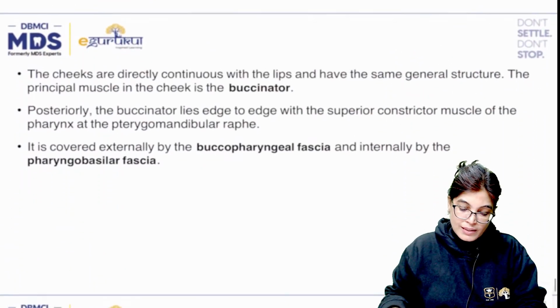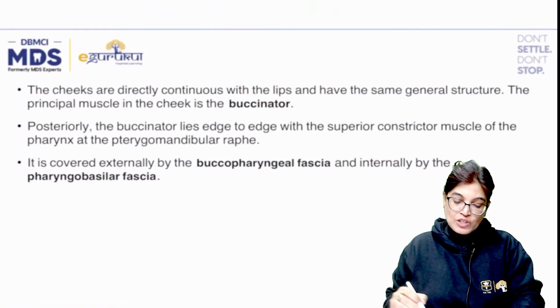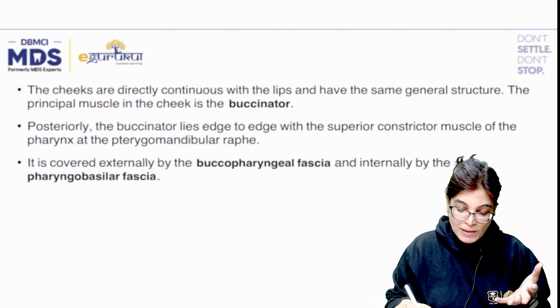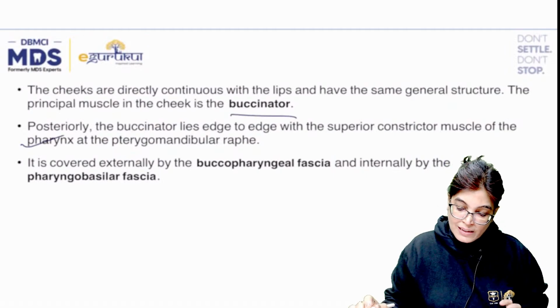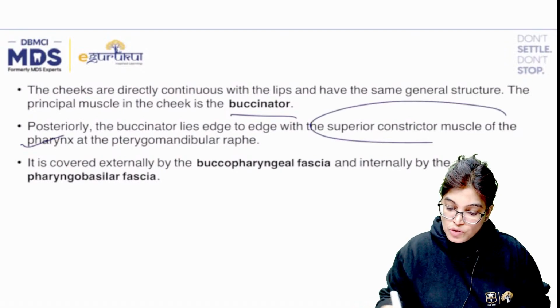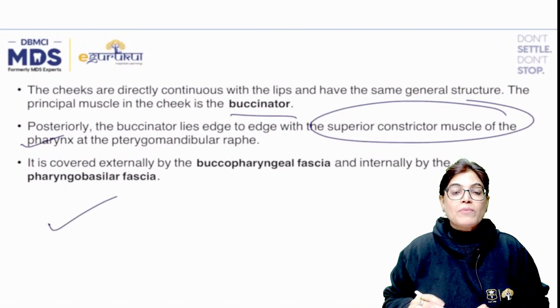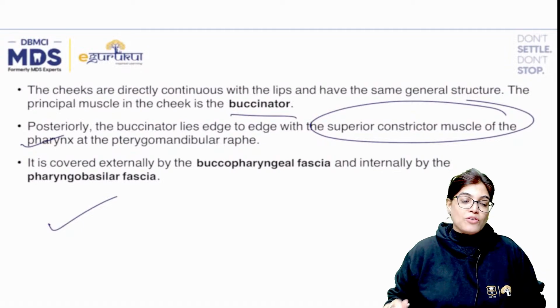The cheeks are directly continuous with the lips, and buccinator is the principal muscle of the cheek. Posteriorly, the buccinator lies edge to edge with the superior constrictor muscle, forming the pharyngomandibular raphe covered by buccopharyngeal fascia and pharyngobasilar fascia.